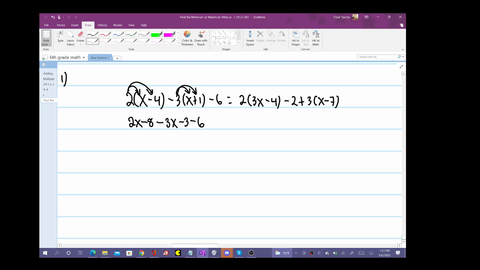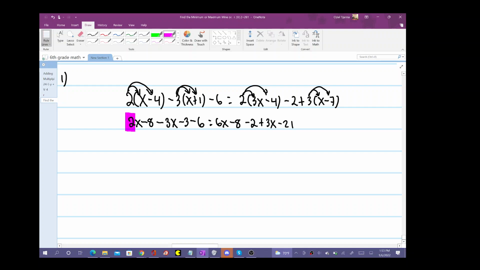Minus 6 equals, it's going to be 6x. This is 6x minus 8. Minus 2 plus 3x minus 21. So now we have a bunch of numbers and a bunch of terms here, right?